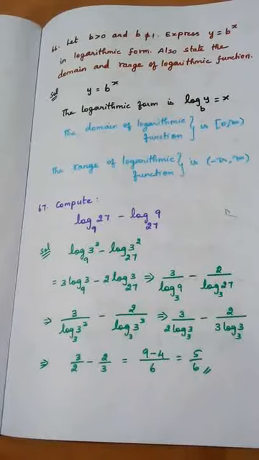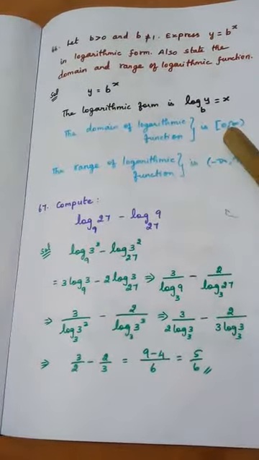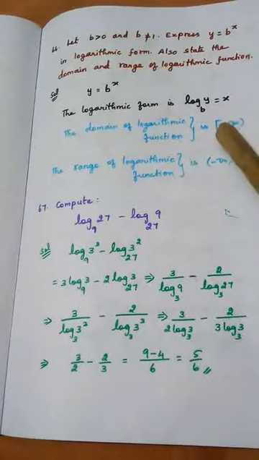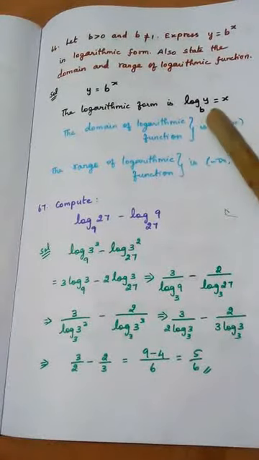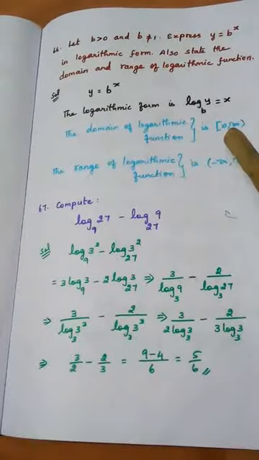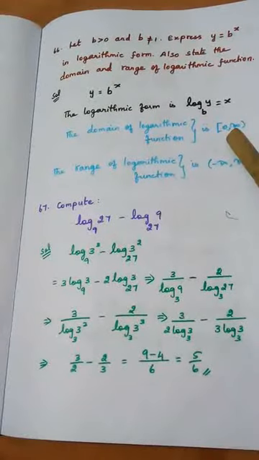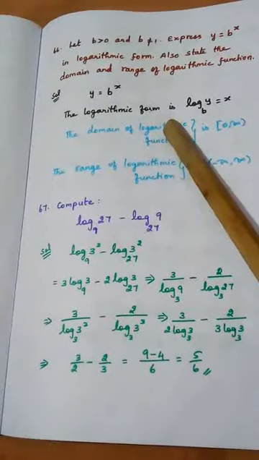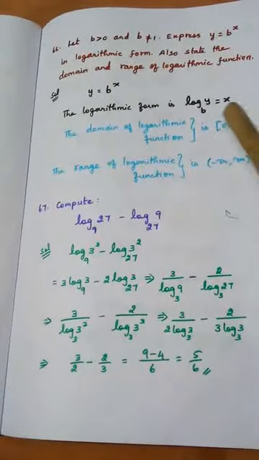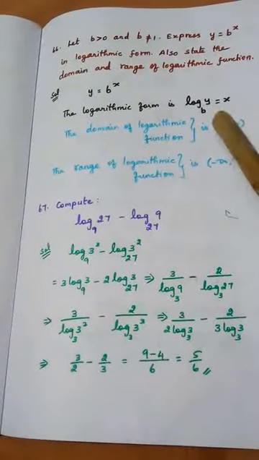Keep that in your mind. Logarithm can be calculated only for positive numbers. So the domain is only the positive numbers, 0 to infinity, with an open bracket at both ends. Therefore the domain is only positive numbers.